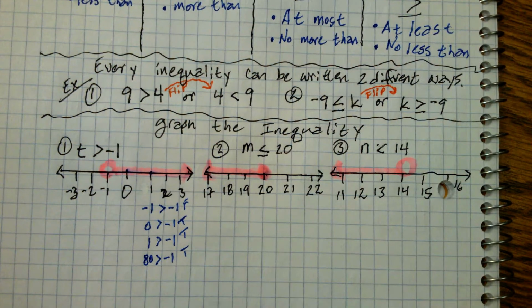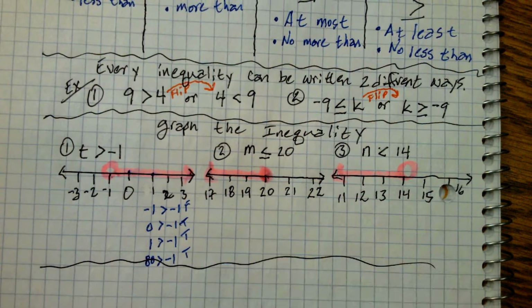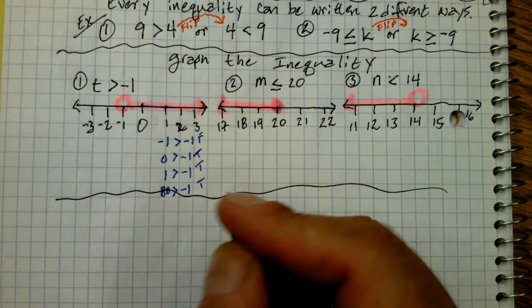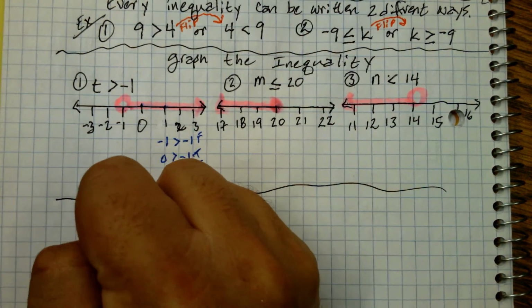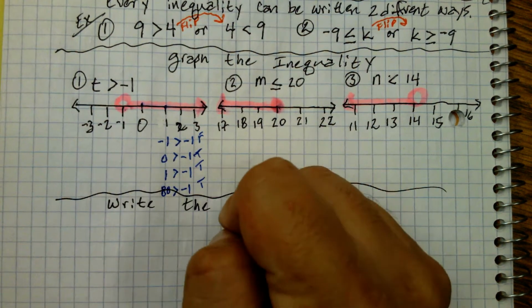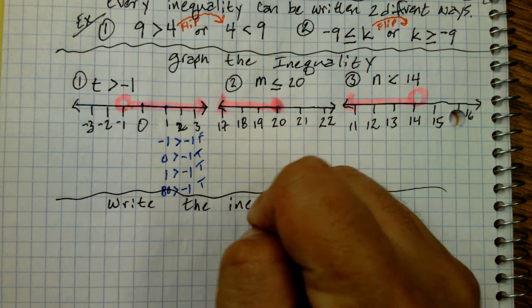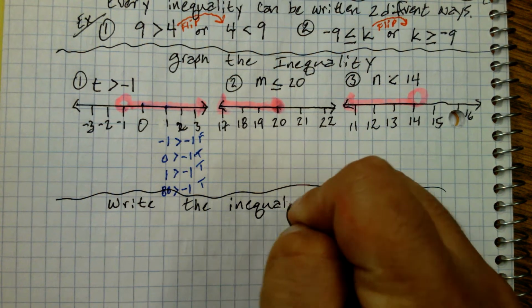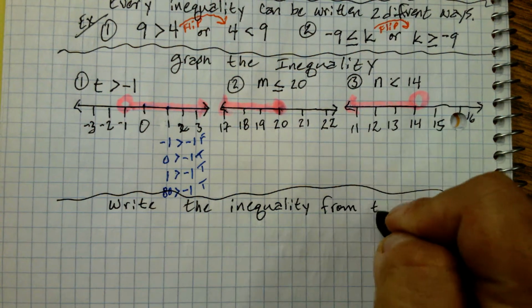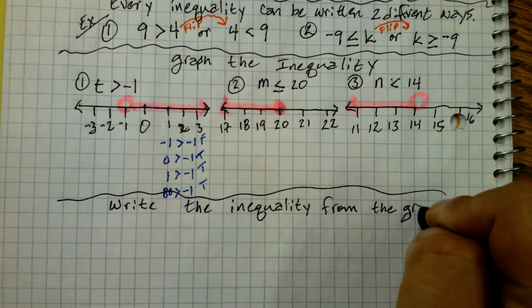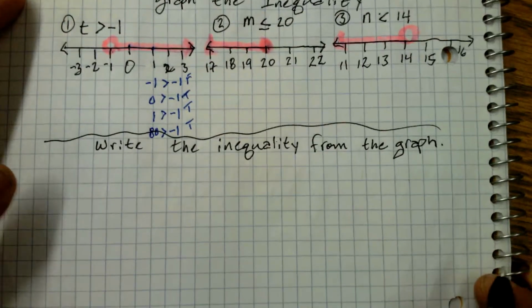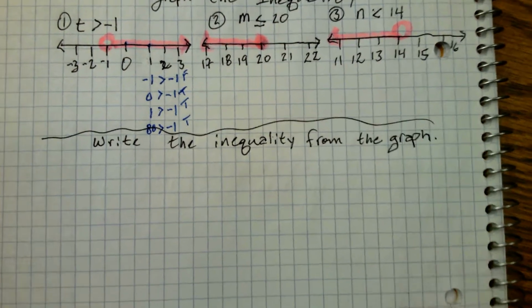So what we're going to do in the next part is we're going to write the inequality from the graph. So that's going to be something like this.